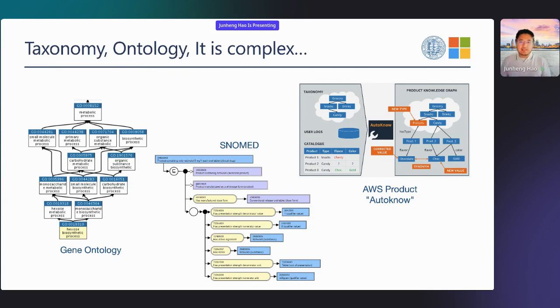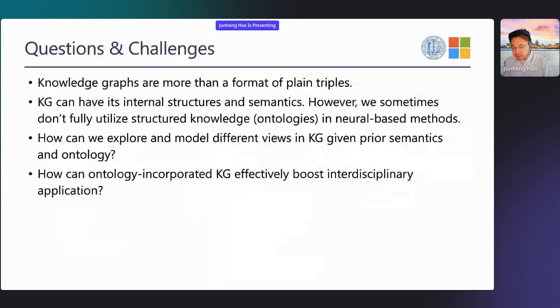So in that case, the knowledge graph is a more hierarchically structured data format or data source that should not just be treated as plain embeddings or plain triples. So we want to ask a question.